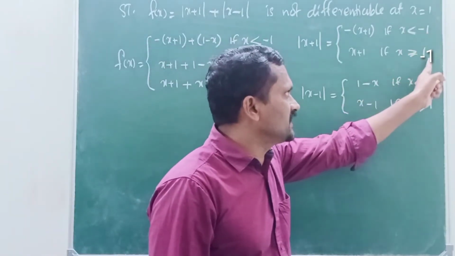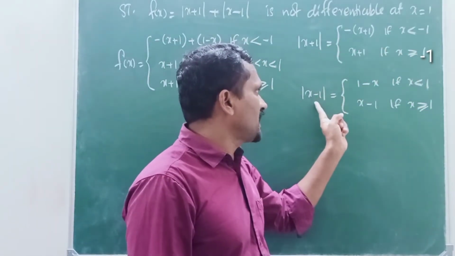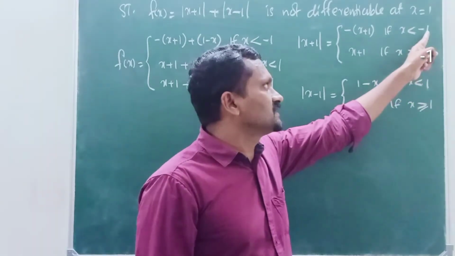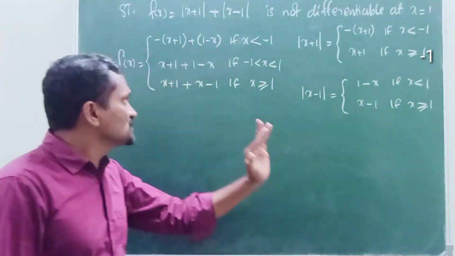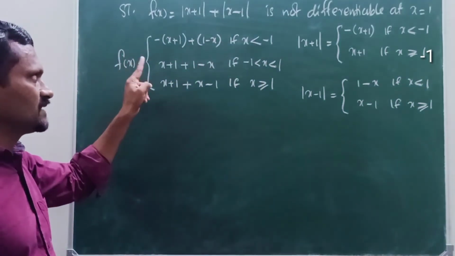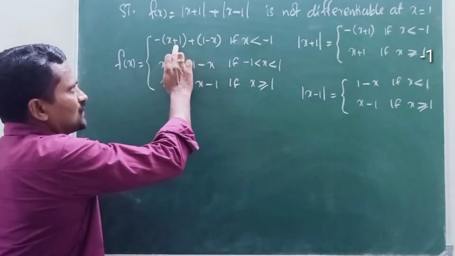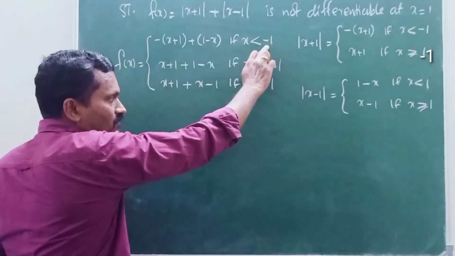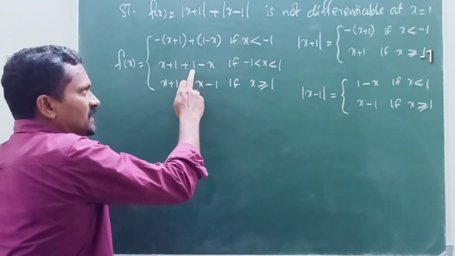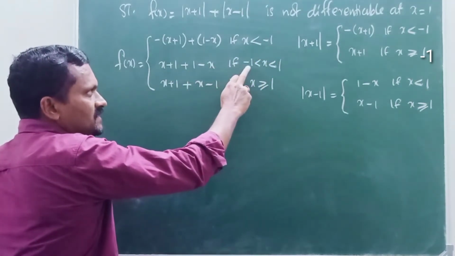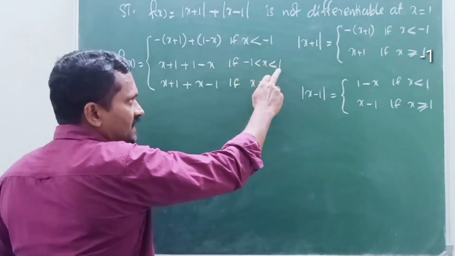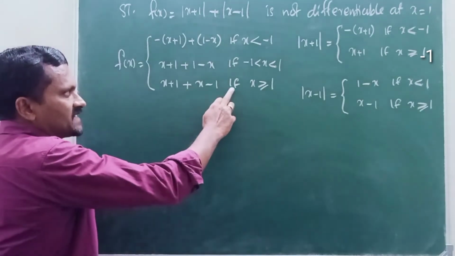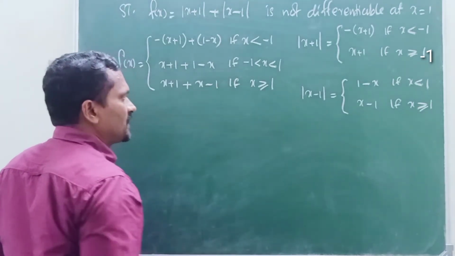From this it is clear that mod (x plus 1) and mod (x minus 1) split at minus 1 and 1. So the given function f of x can be written as minus of (x plus 1) plus (1 minus x) if x less than minus 1, (x plus 1) plus (1 minus x) if minus 1 less than or equal to x less than 1, and (x plus 1) plus (x minus 1) if x greater than or equal to 1.